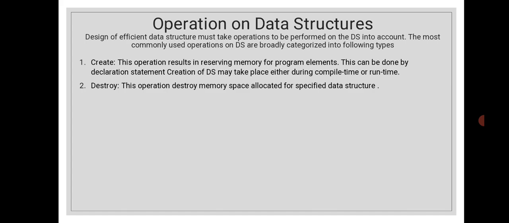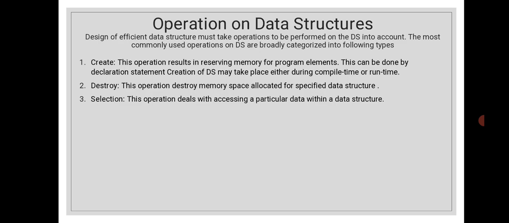When we create, we should also have an operation called destroy. This operation destroys the memory space allocated for the specified data structure. Then selection of a particular data structure. This operation deals with accessing particular data within a data structure.